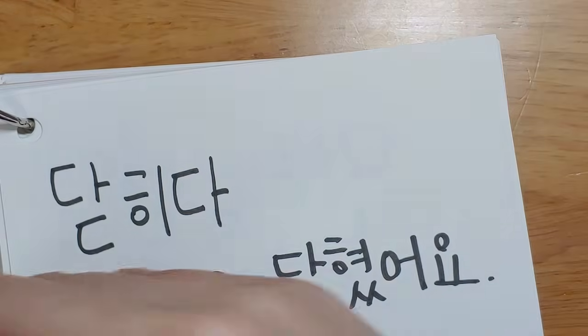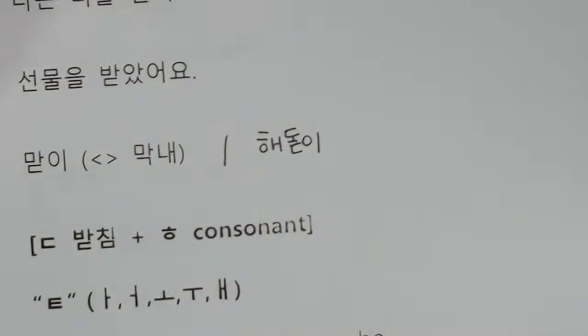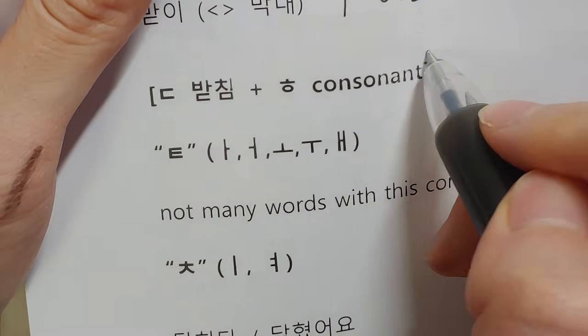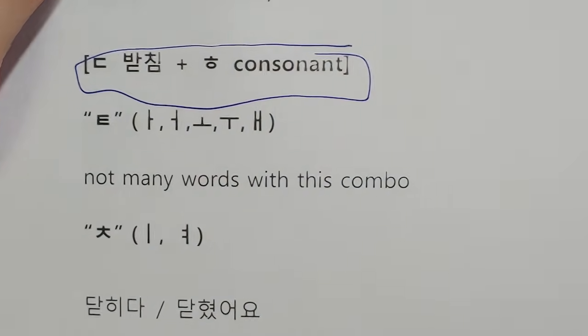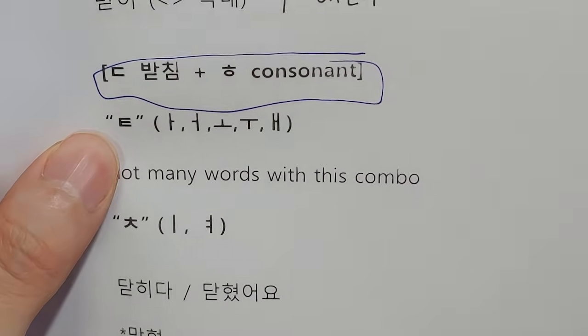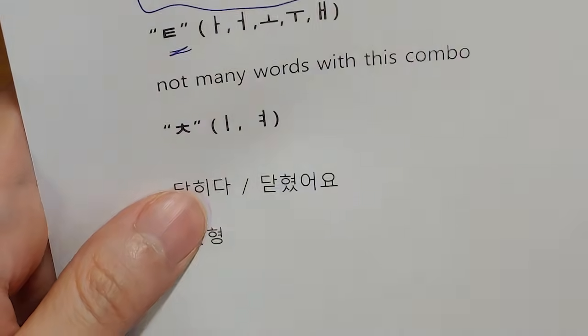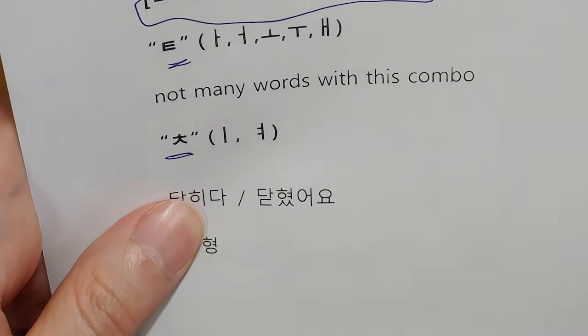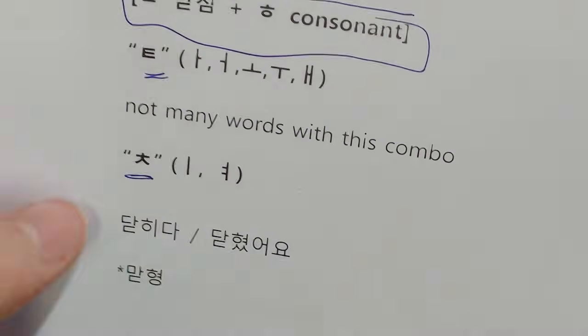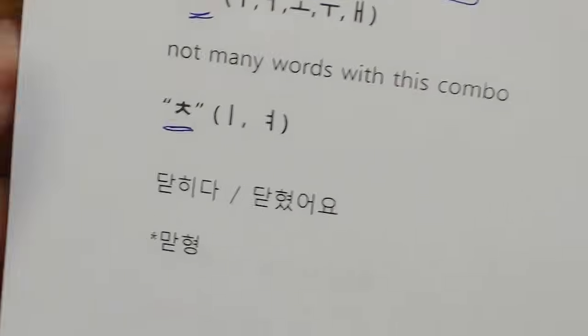Then let's move on to 티귿 받침 when it's combined with 히읗 consonant. This is also a very tricky one because sometimes this combination makes a t sound, whereas sometimes it makes a ch sound. And there is no specific rule for it either.